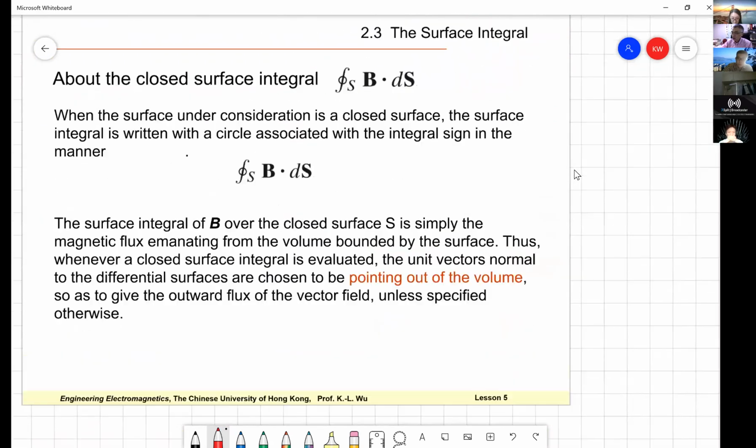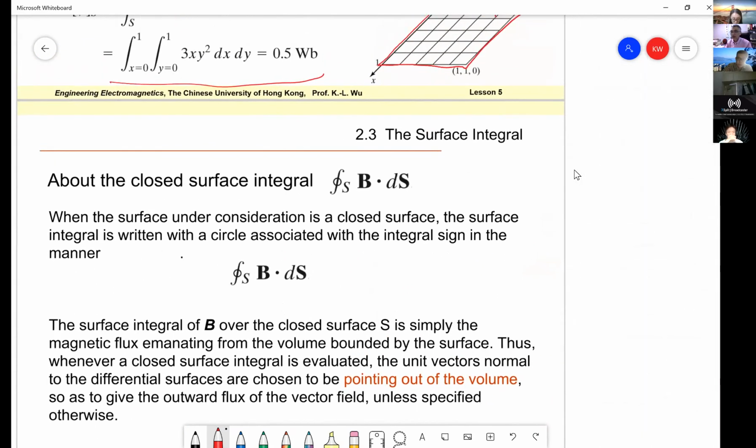If this surface is a closed surface, we need to define the direction of this surface. For a closed surface, we always define the normal direction as pointing out of the volume.